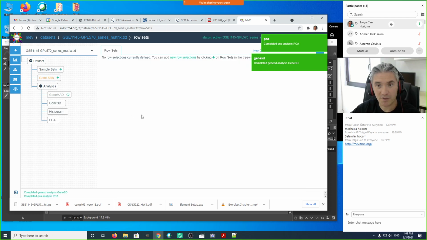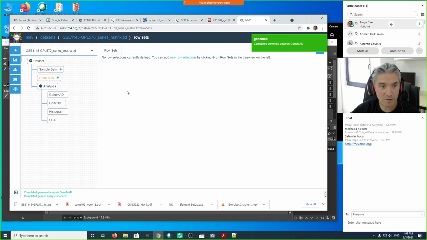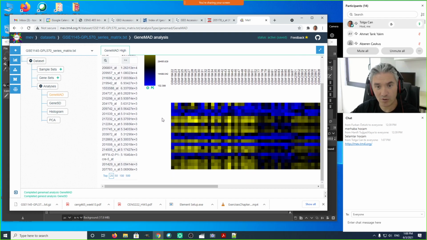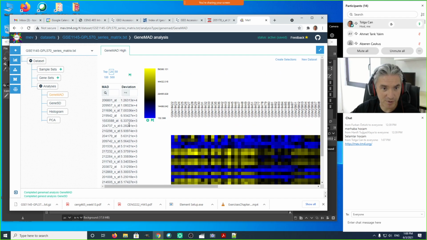If I click on my genes, wow, so it's actually doing certain analysis. Gene MAD row sets. Or let's click on this. Yeah, look at this. So it actually identified certain probes that were differentially expressed, I think. It conducted certain analyses automatically.